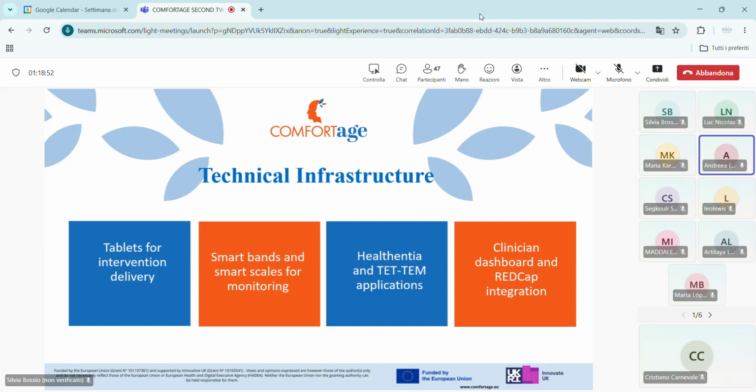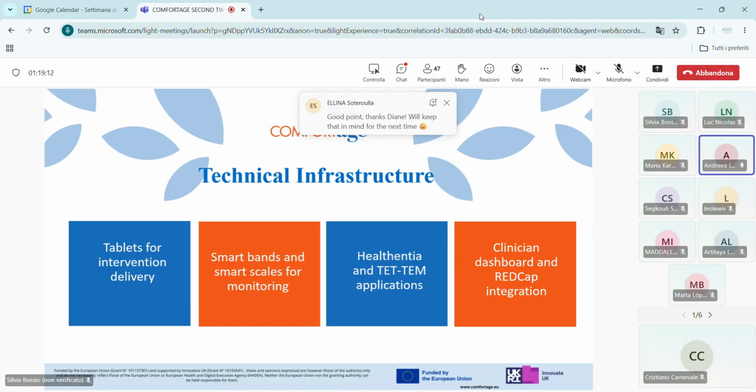Technical infrastructure spans over 4 components. We have the tablets for delivering the intervention, the smart bands and the scales that aid us in monitoring the users continuously.